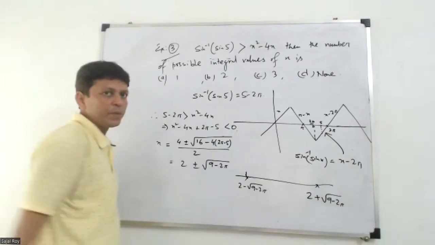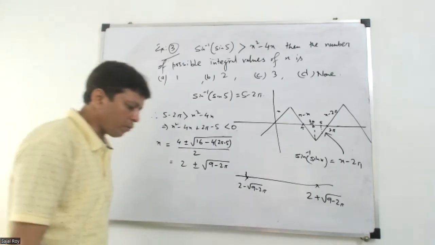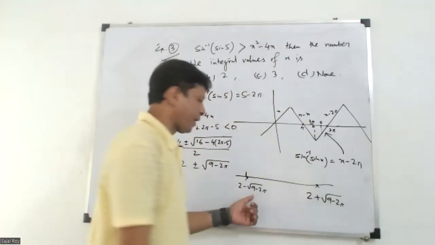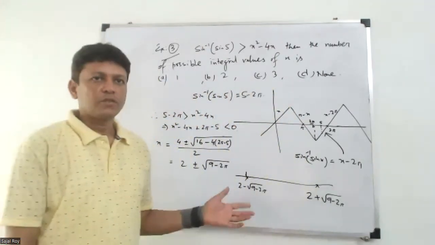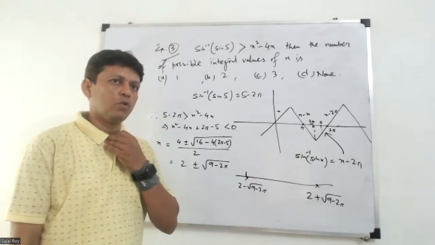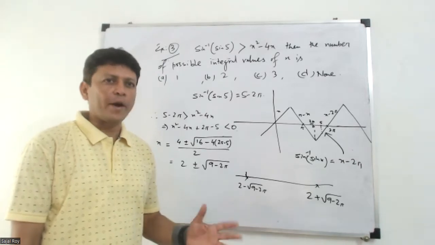So how many integers between them? Pi is 3.14, so 2 into 3.14 is 6.28. 9 minus 6.28 is 3.72. What is the square root of 3.72? 1 point something.